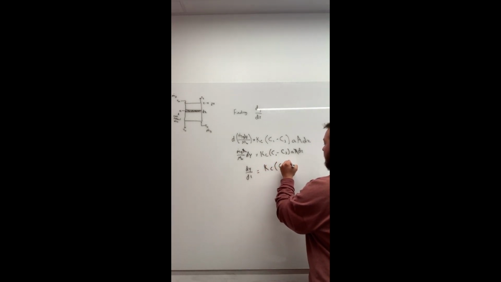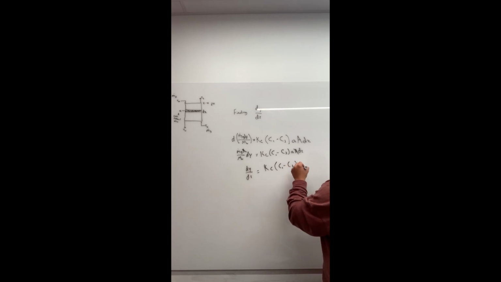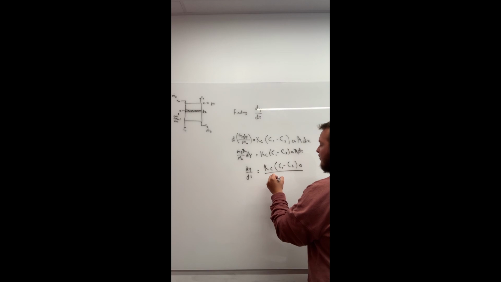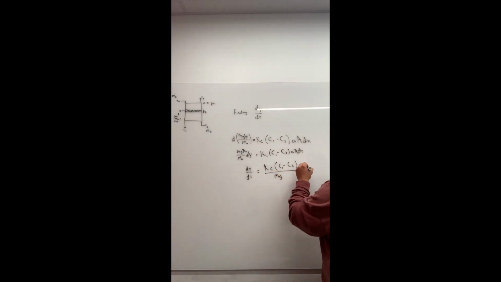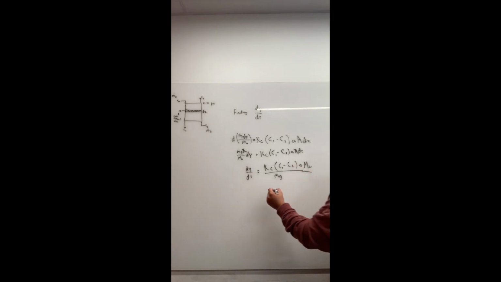Kc, C1 minus C2. And then we should be left with little a all over the flow rate of gas, and then that's multiplied by molecular weight. So this is the formula for dy dz, and we can reduce this a little bit more.